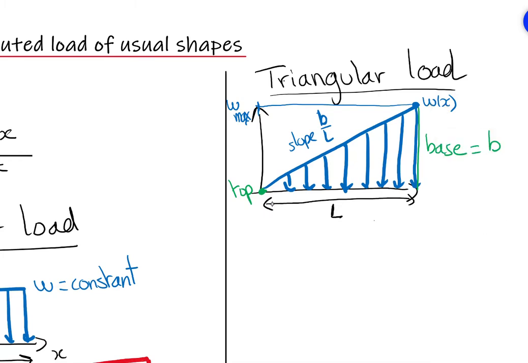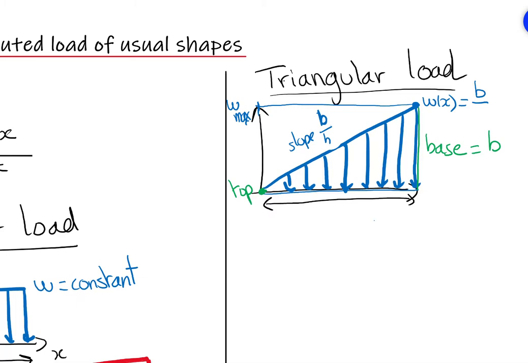And when x is equal to L, b times L divided by L, w is equal to b. So w of x is equal to the base divided by the length of the triangle, times x. I can say the height of the triangle, we call that more the h, the height.